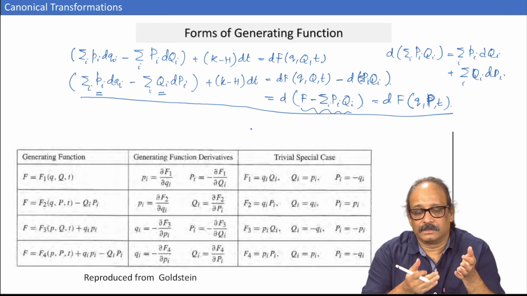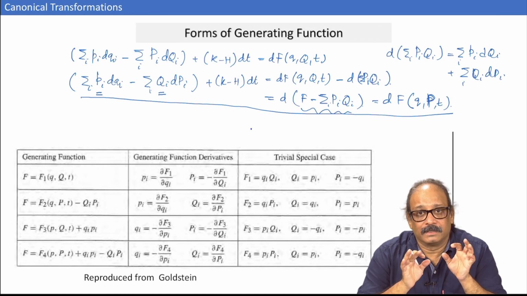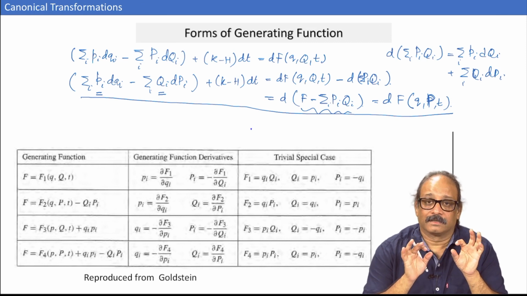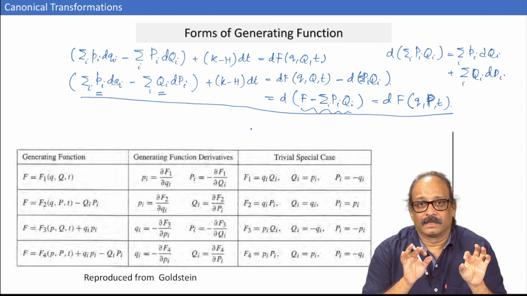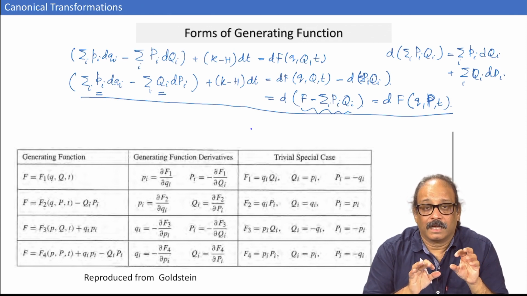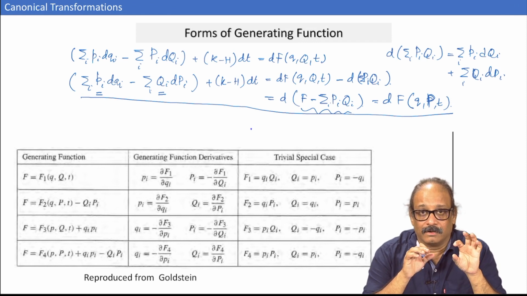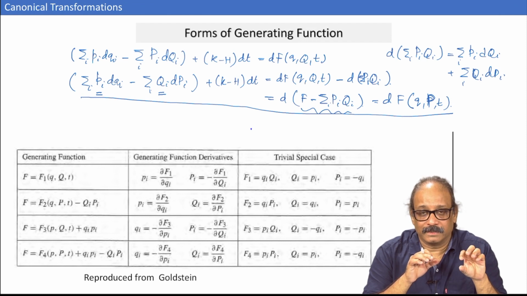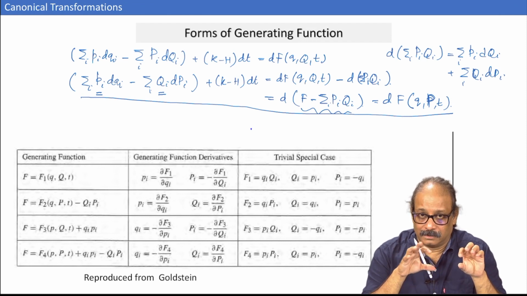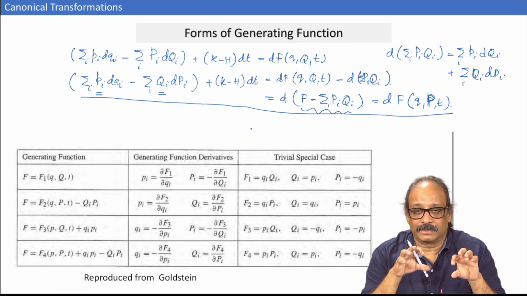And you can of course do that in 4 different ways. Remember, you are supposed to choose one set from the old variables, one set from new variables. And remember, you do not even have to stick to all q_i's from the old set and all capital Q_i's from the new set. You could actually mix them.